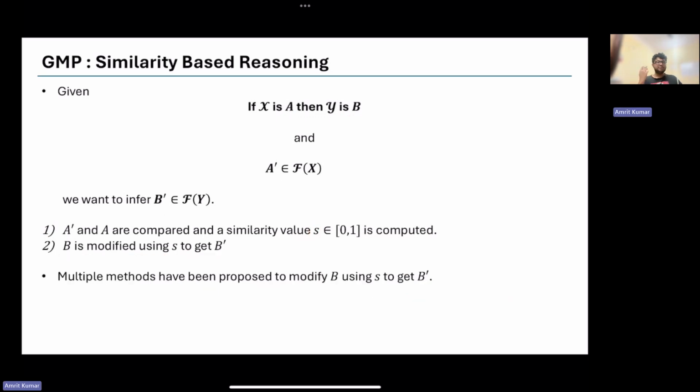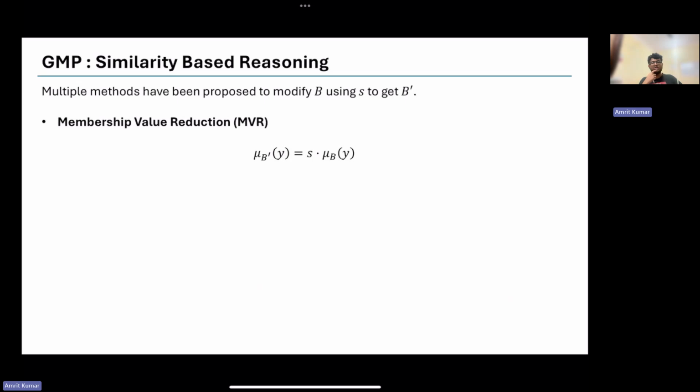Now, multiple methods have been proposed for this. I will discuss a couple of methods which are the most important ones. The first method is referred to as membership value reduction, which is defined in this particular manner.